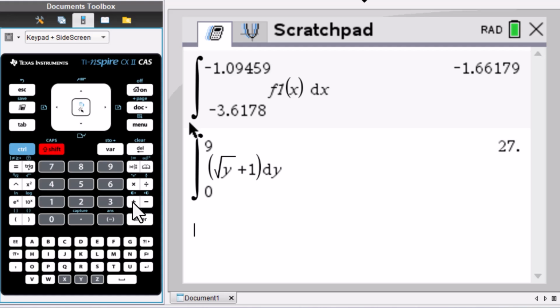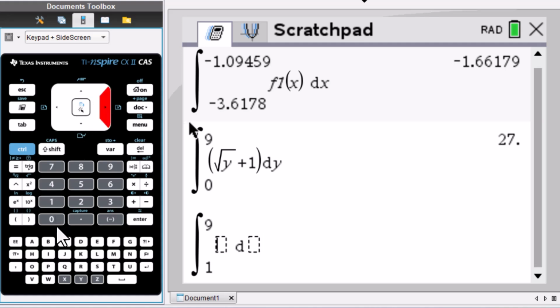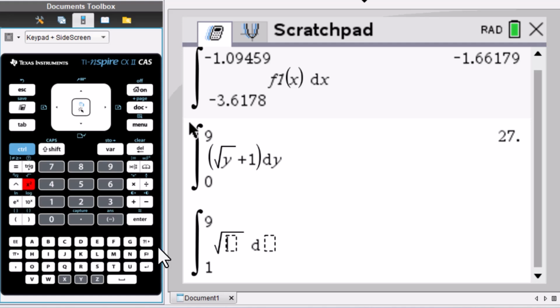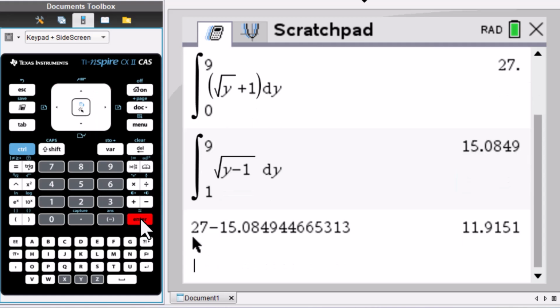Then shift plus, from 1 to 9 of square root of (y minus 1) dy. Enter. Then 27 minus this. Enter. Answer is 11.9.